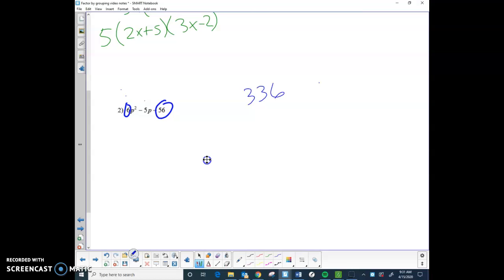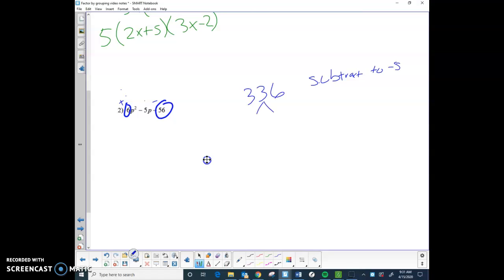So I've got factors of 336 that are going to subtract to give me a minus 5. And the reason we're doing subtraction is I've got a plus here and a minus there, so I'm going to need to subtract again. And we need to get a minus 5.